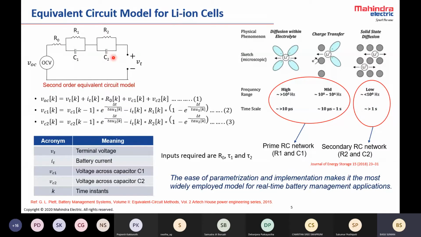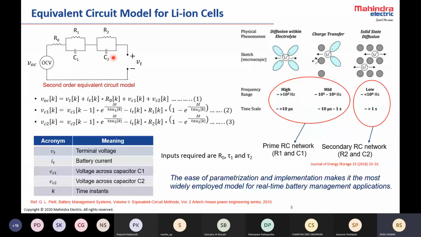Inside the cell there are anode and cathode particles. Those particles are the ones which hold the lithium ions in lithium form. Whenever we are charging or discharging, lithium is either intercalating or deintercalating from these particles. So that's a diffusion process.